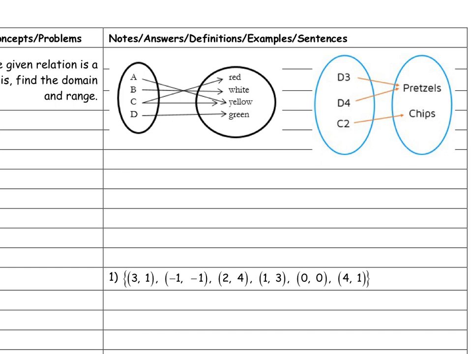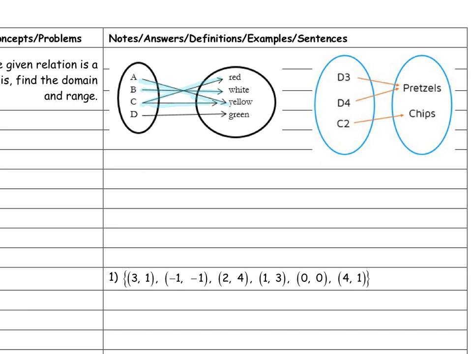That's how I tell. So if I look at A, I'm going to use a highlighter here. A only uses one arrow, right? And B only uses one arrow. But look at C. It goes to both red and yellow.